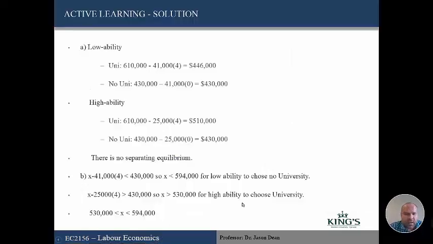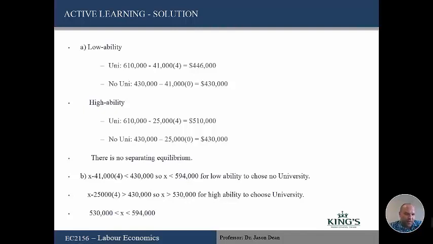So for the second part, we want that high ability workers choose to go to university. So we want (X minus 25,000) times 4 to be greater than 430,000. Okay, and when we work that out, we get that X has to be greater than 530,000 for high ability workers to choose university.